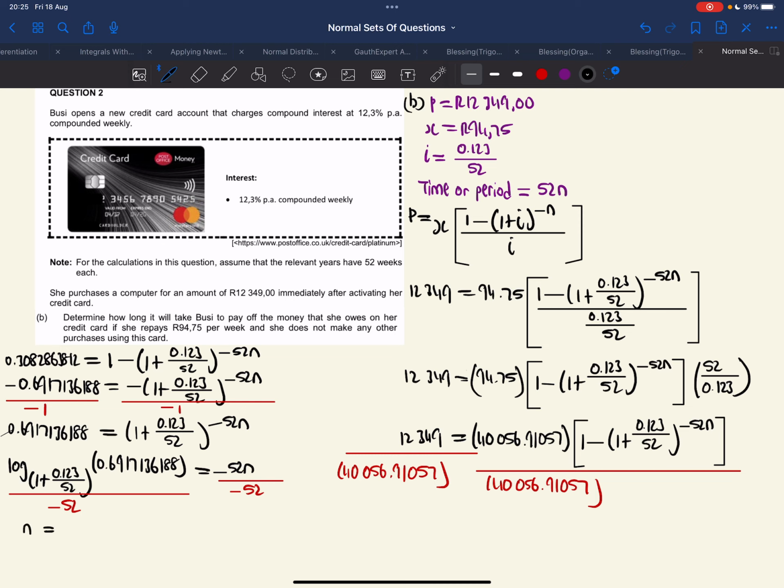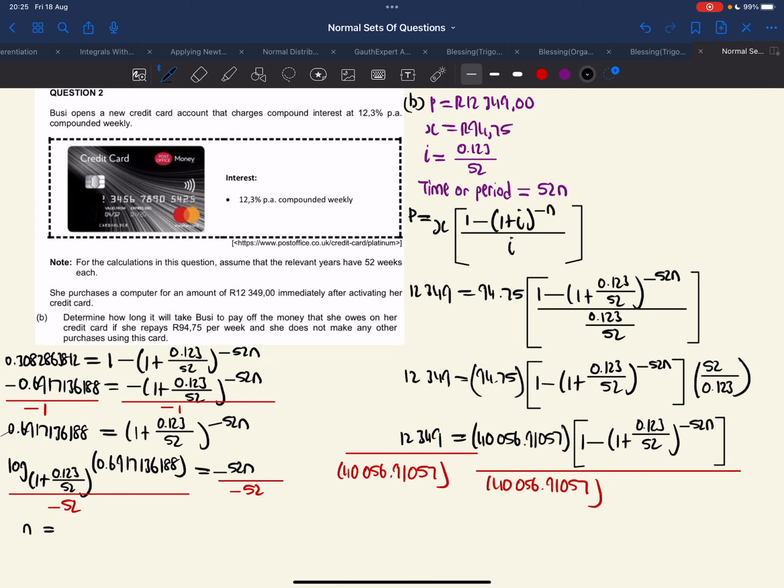So let's put that in a calculator and see what we get. Log base 1 plus 0.123 over 52 of 0.6917136188, divided by minus 52.